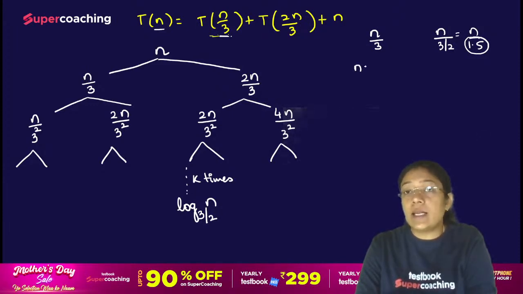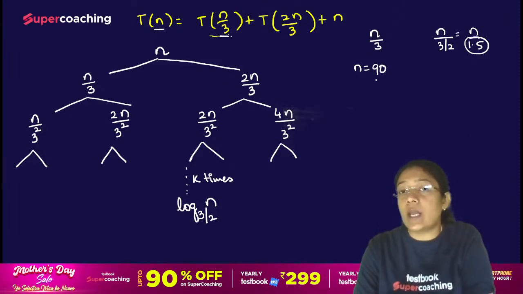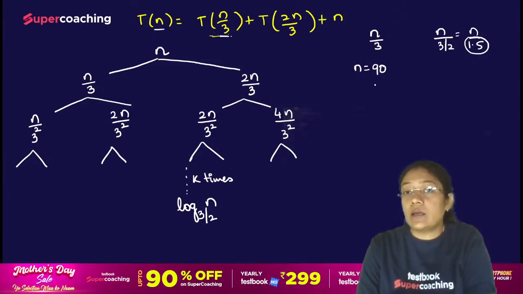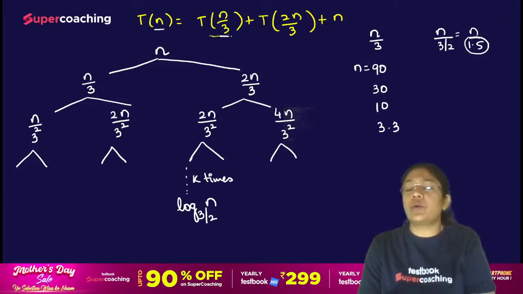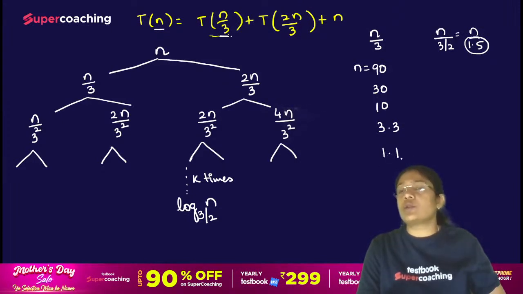For better understanding, if you are confused, you can consider a value of n. For example, n is equal to 90. So n by 3, n comes out to be 30, then 10, then approximately 3, 3.33 होता है, and this is 1.1, approximately 1. So it has created the levels.